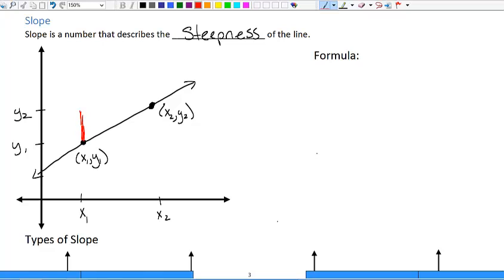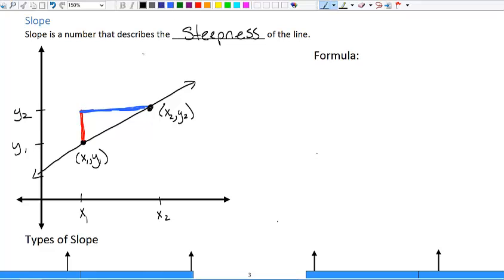So if I think about this as its vertical components and its horizontal components, I know that if I'm going from this first point to the second point, I have to rise some and move forward some, which we usually call run. We rise the red part and we have to run the blue part.